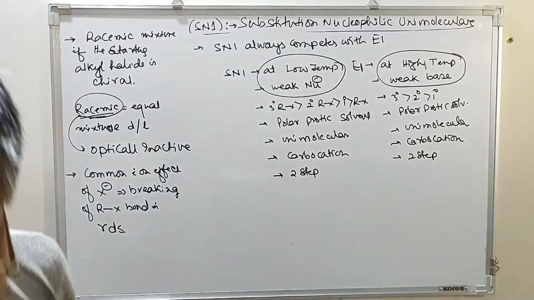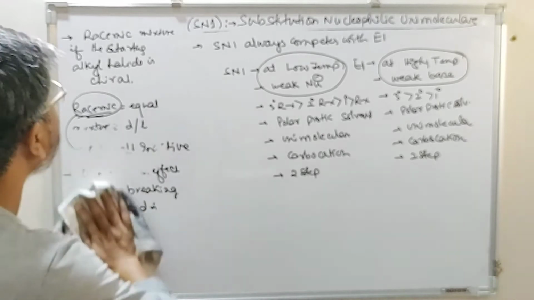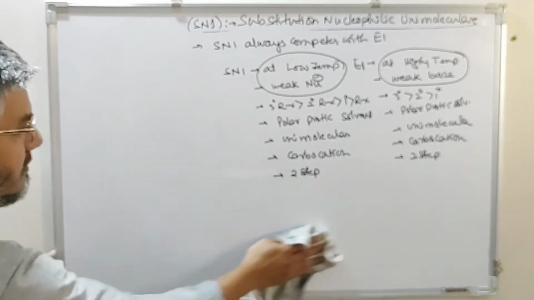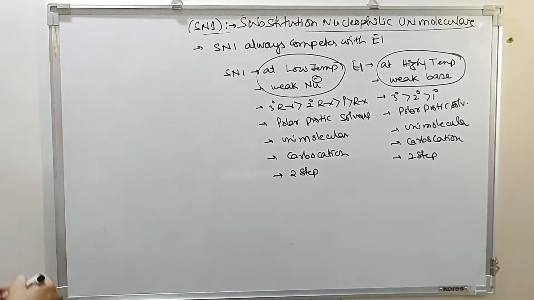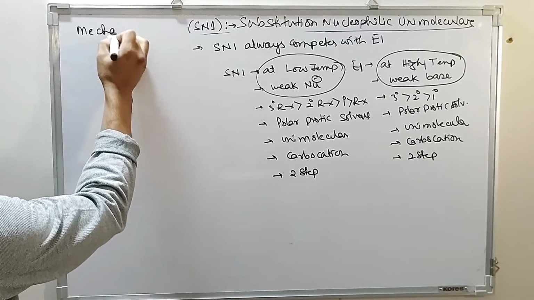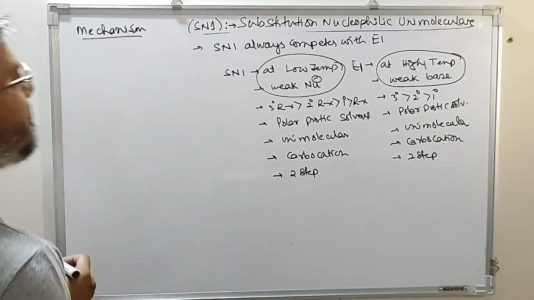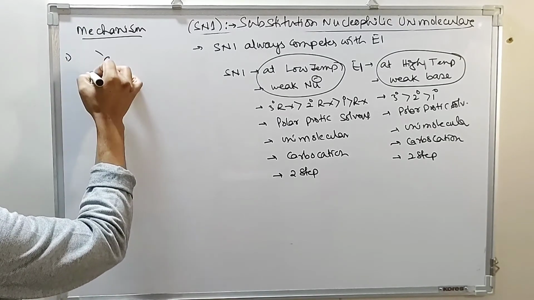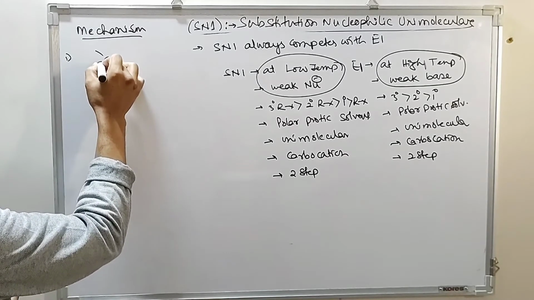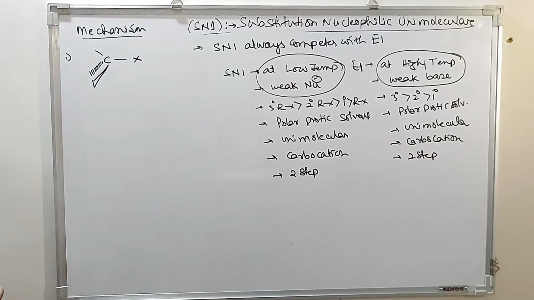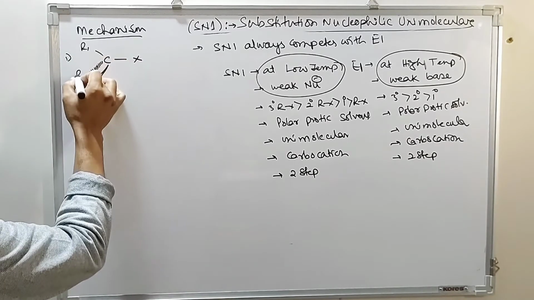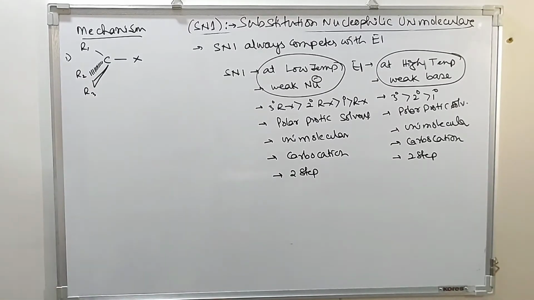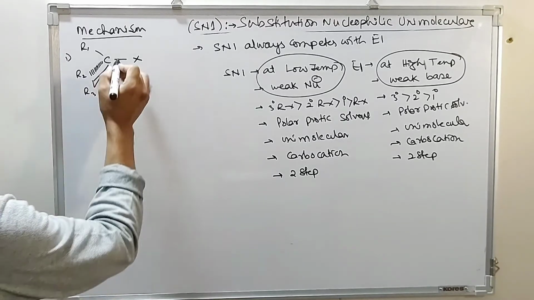Now coming to the mechanism of these substitution reactions. The mechanism involves two steps. So the first step, suppose we have this alkyl halide. So we have this R1, R2 and R3. In the first step, the breaking of the C-X bond takes place.